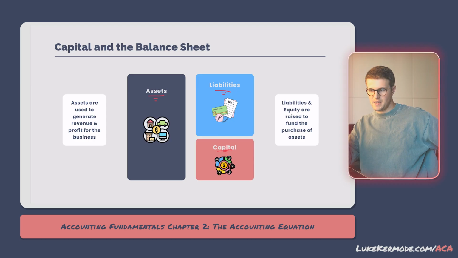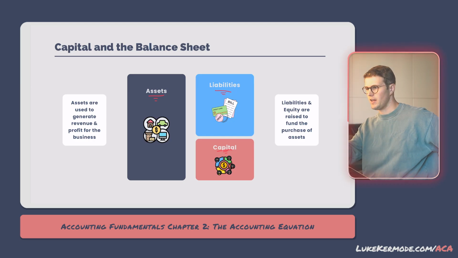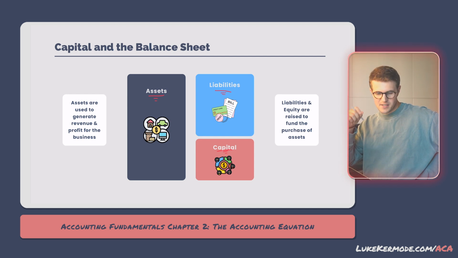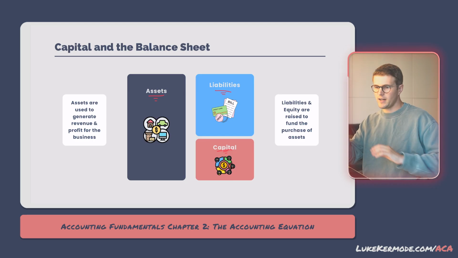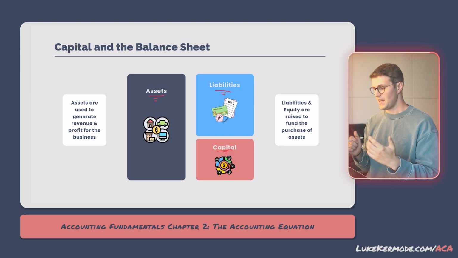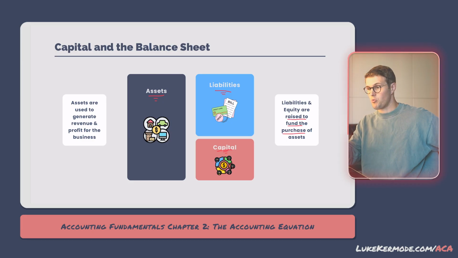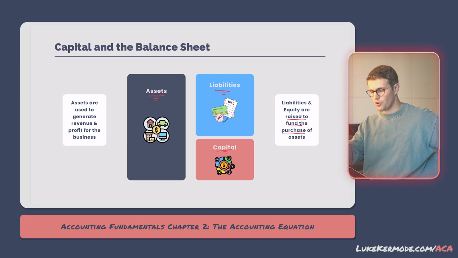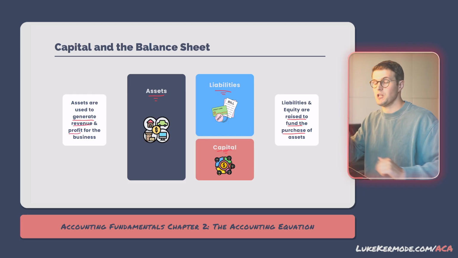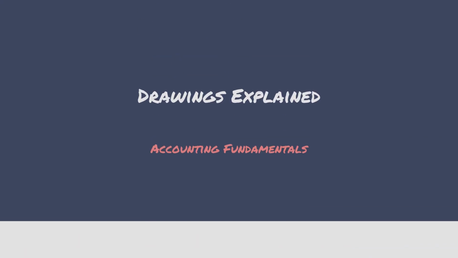So together, liabilities and capital represent the sources of funding used by a sole trader business to acquire and maintain its assets. Understanding this basic principle of how the balance sheet works helps provide clarity on how the business finances the purchase of its assets and how its business operations scale and grow and generate revenue, as well as profitability over time.